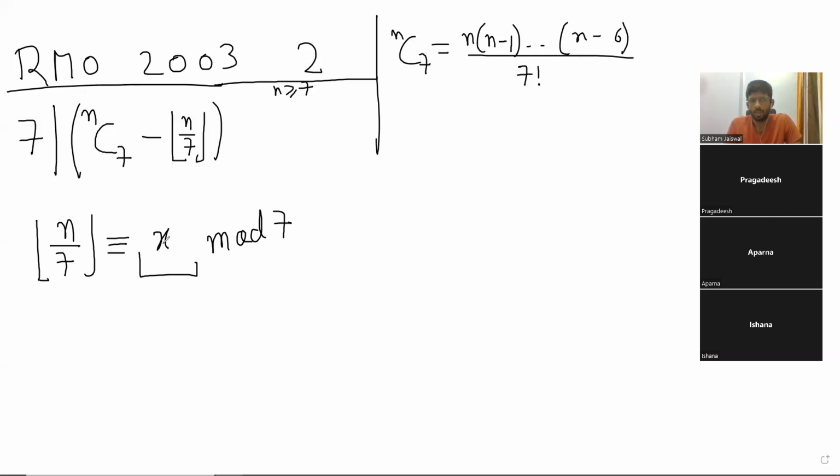First, what I'm trying to say is that we are trying to understand the remainder that this floor of n by 7 leaves when divided by 7. That's what we mean. It's congruent to x mod 7. This means that 7 divides this minus this, and x is the remainder. I mean, it doesn't have to be the remainder, but it's almost the remainder.